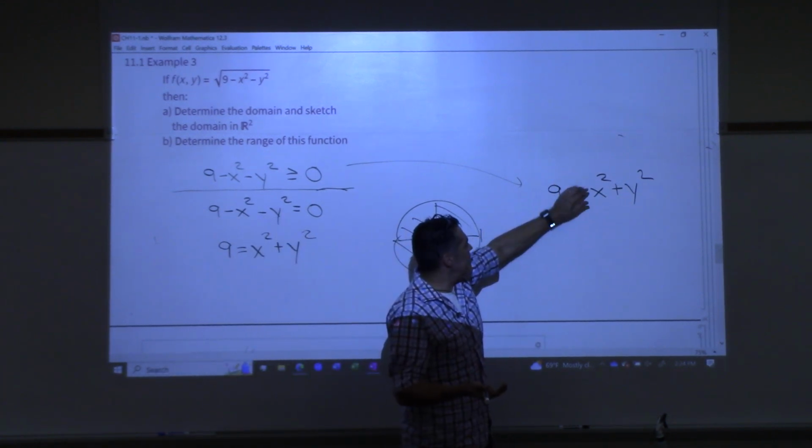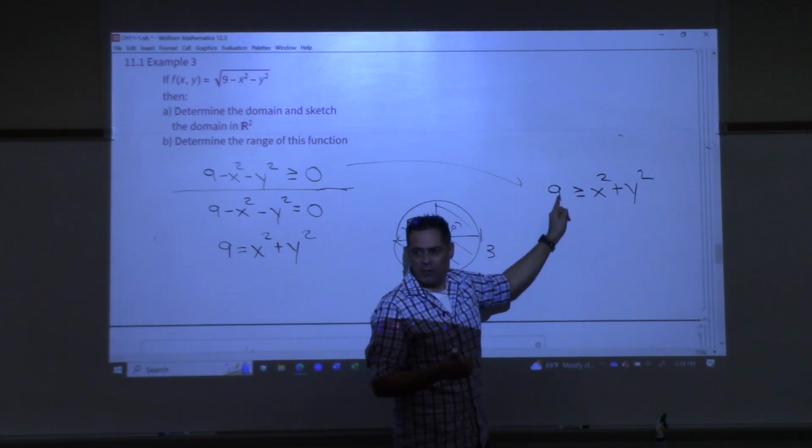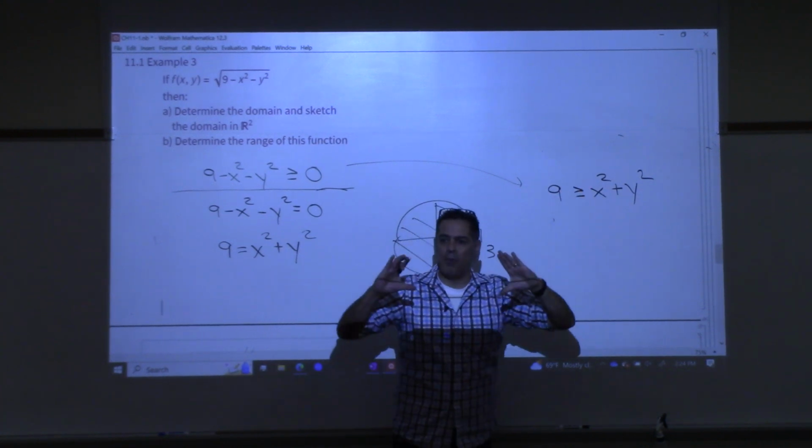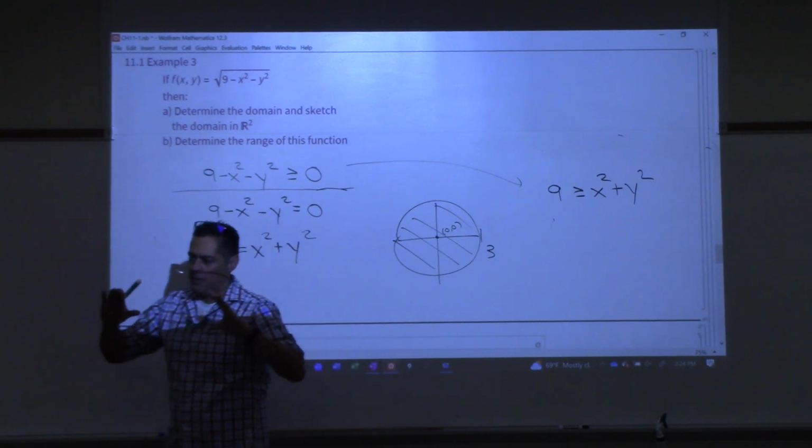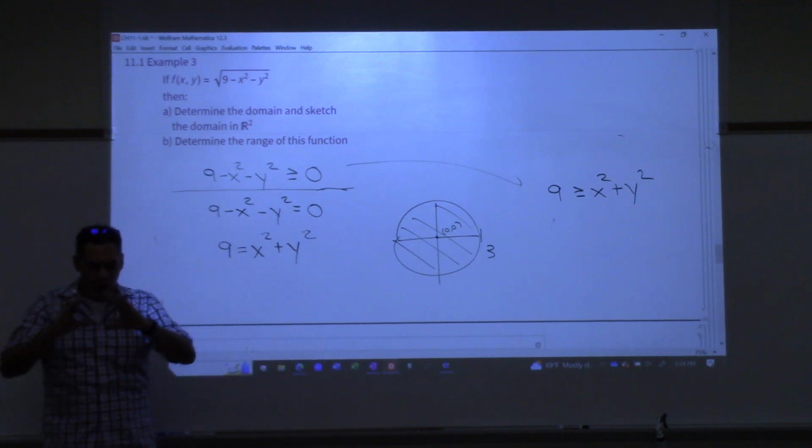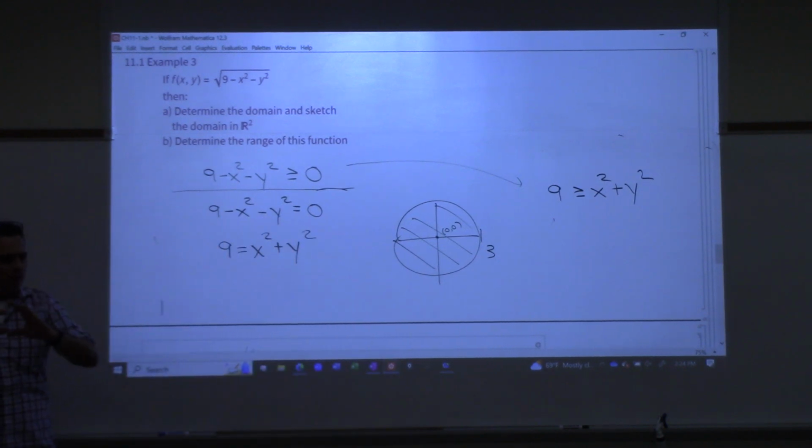And then if this was equals 9, I'd be a circle. I want basically that to always be smaller than, well, radius of 3. I'm trying to get smaller, right? Anything 3 or smaller. So it's everything inside the circle.